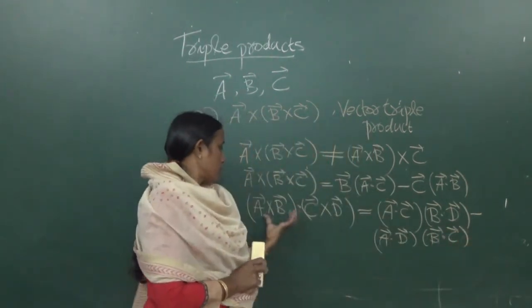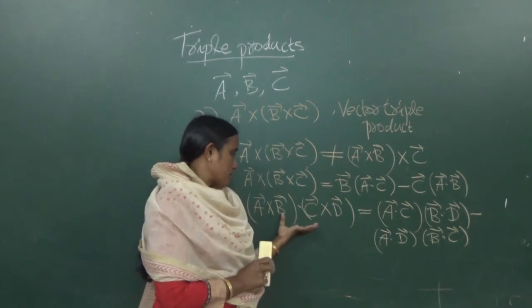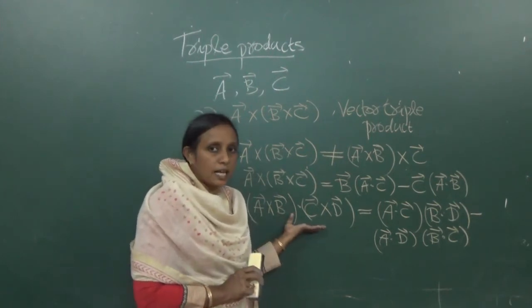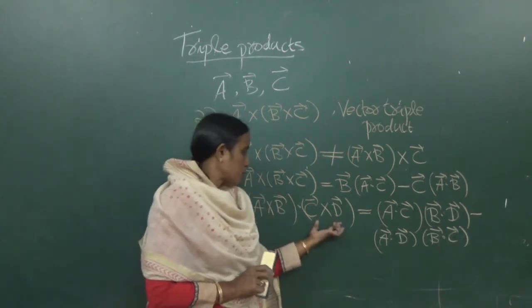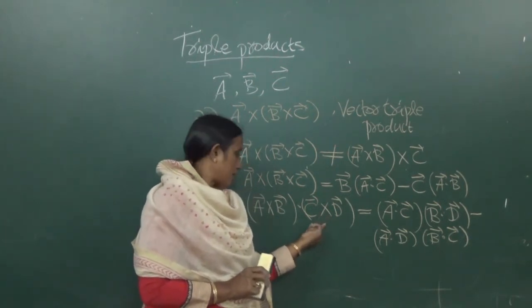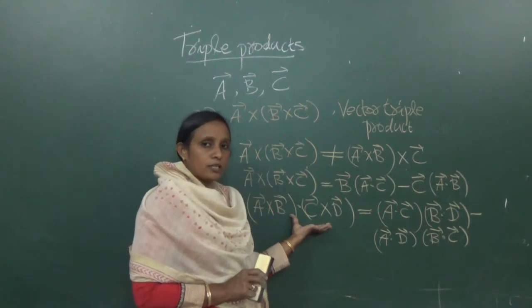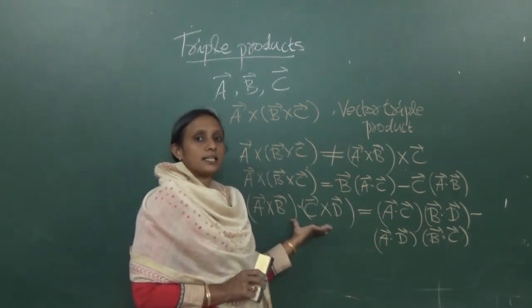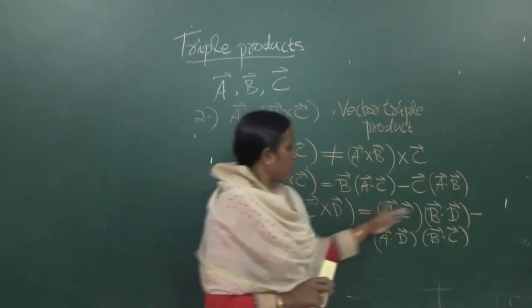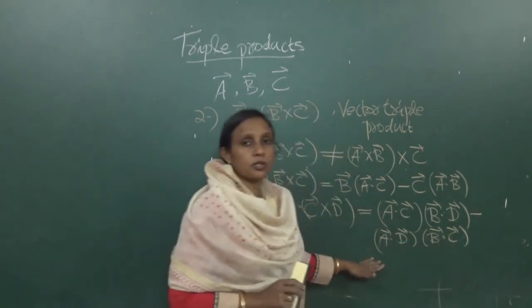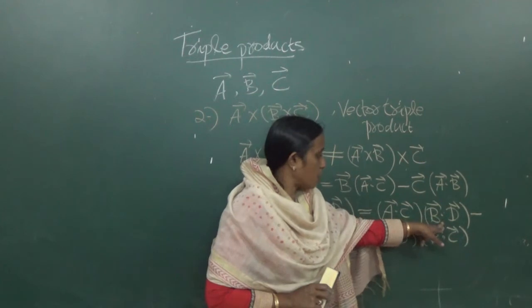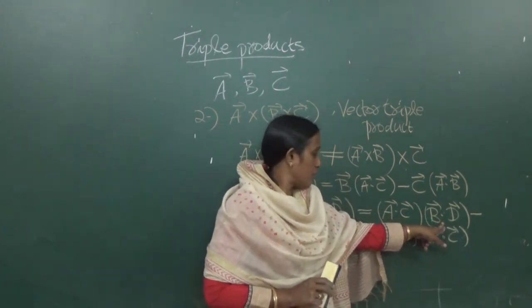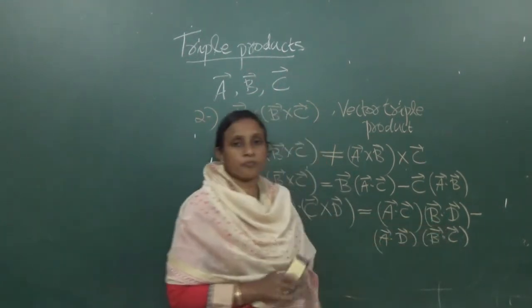Here the resultant of this operation is a scalar quantity, because each cross product gives you a vector, and then you take the dot product between them. So the resultant is a scalar. If you expand like this, the resultant is also a scalar, because A dot C is a scalar quantity, B dot D is another scalar quantity, similarly here also.